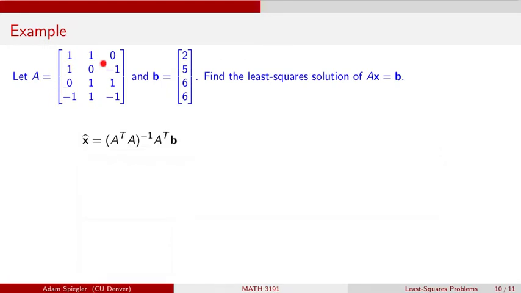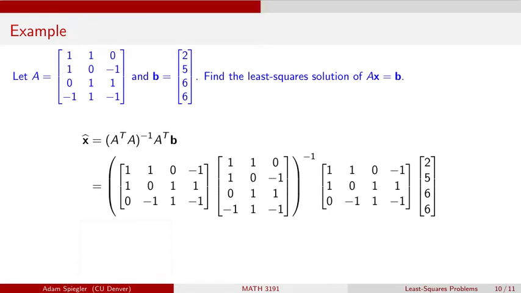Since matrix A has all linearly independent column vectors, that means the product A transpose times A is going to be invertible. And then the least squares solution, X hat, is going to equal A transpose A inverse times A transpose times B. And we have all of this information given to us, so we can plug this all together.